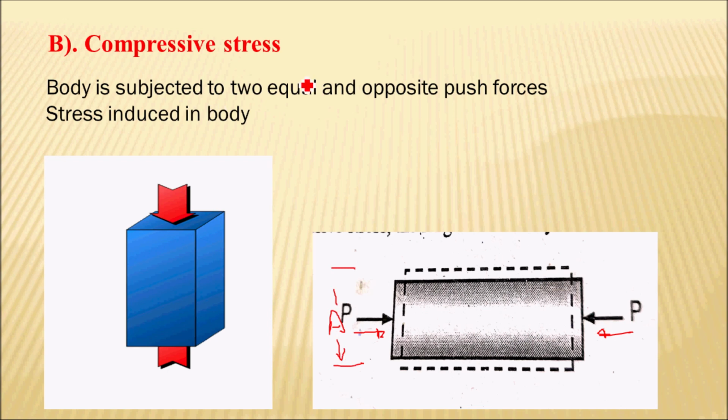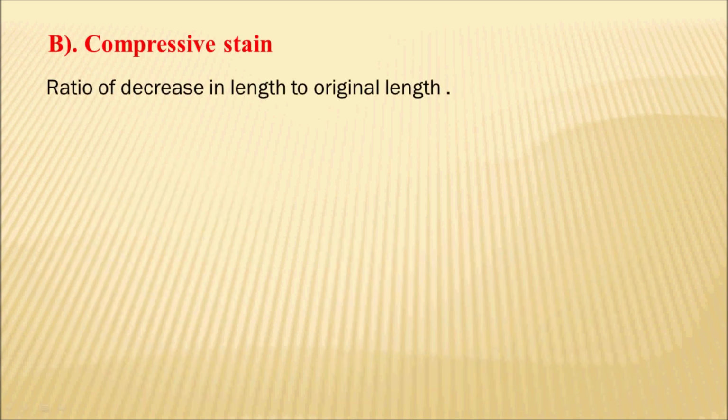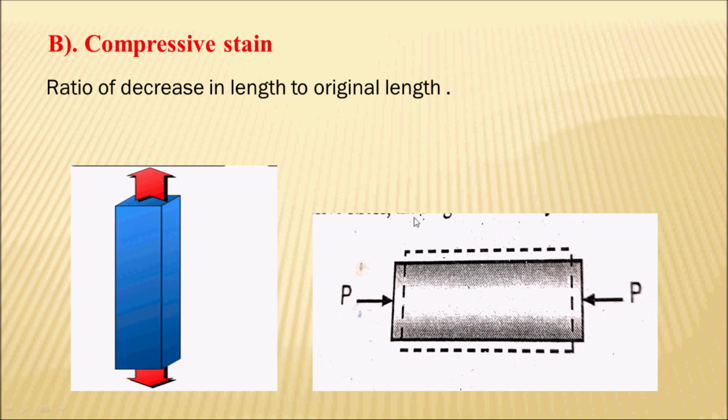So compressive stress is given by sigma equal to, again similarly, load applied per unit cross-sectional area of that body. Now what is the compressive strain? Because of these two equal and opposite push forces, there is a decrease in length of that body.